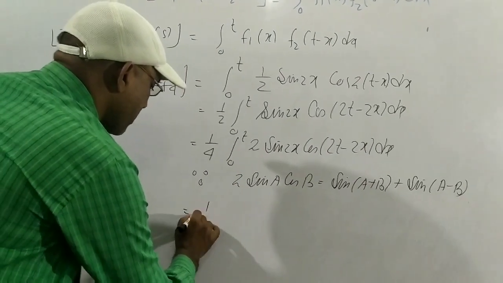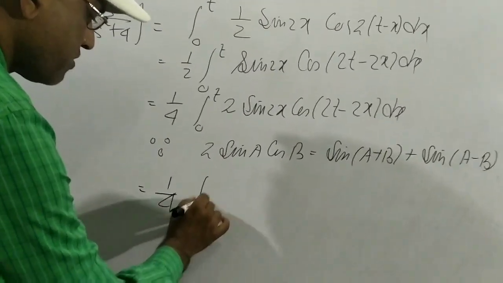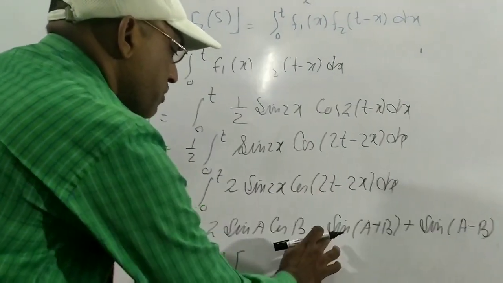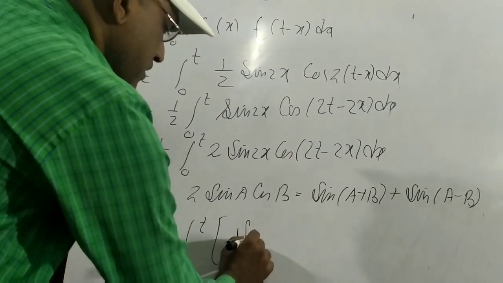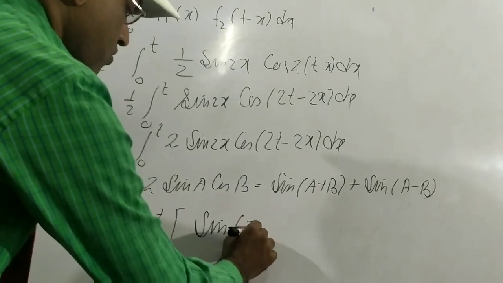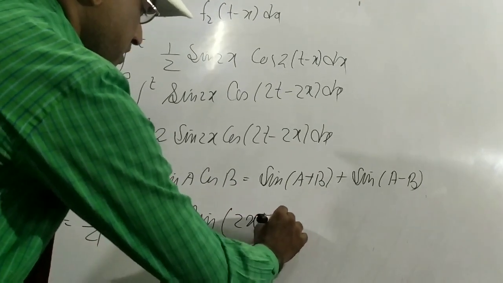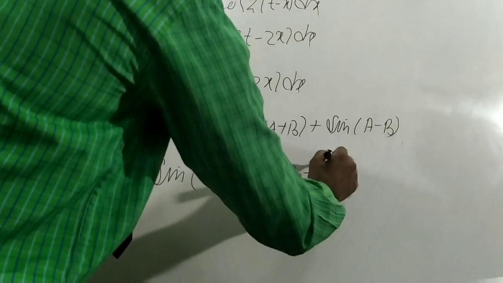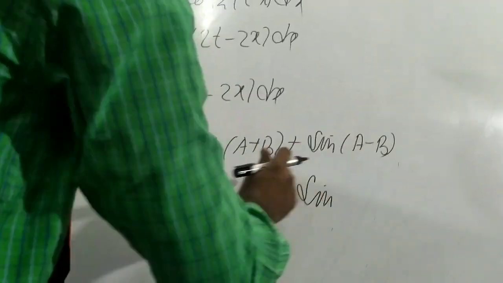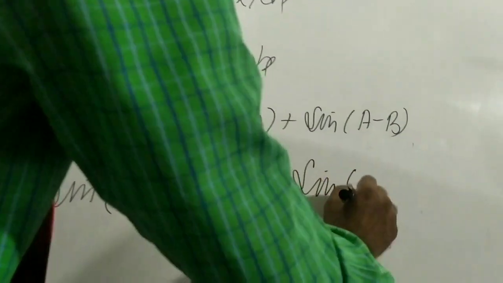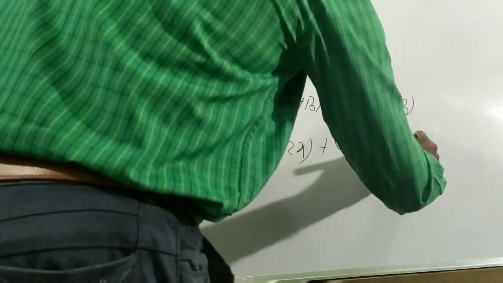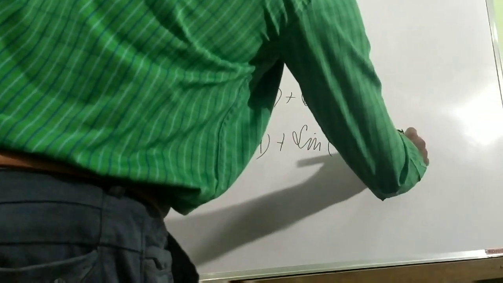So this is nothing but our integration 0 to t, and this one, 2 sine A cos B, becomes sine (A plus B), so this is twice x plus twice t minus twice x, plus sine (A minus B), this is twice x minus 2t, this minus will be plus, plus twice x. dx.